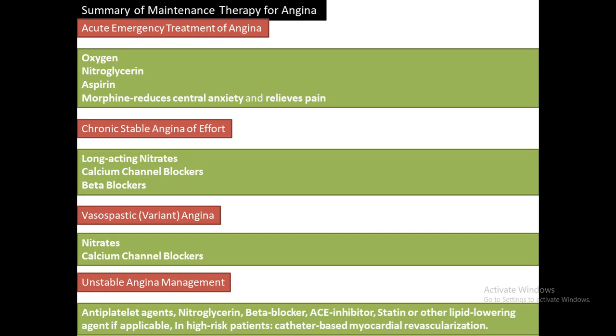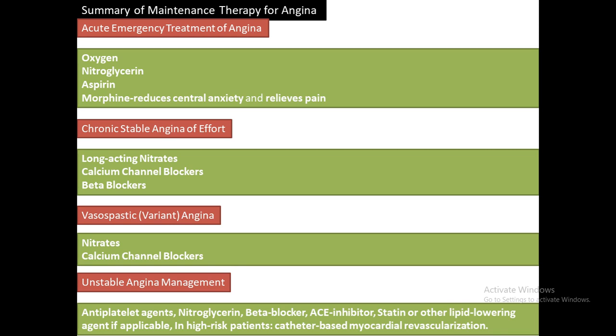And a summary of the maintenance therapy of angina. Acute emergency treatment of the angina, we can use oxygen, nitroglycerin, aspirin and morphine, which will reduce the central anxiety and relieve the pain. In case of chronic stable angina of effort, long acting nitrate, calcium channel blocker and beta blocker are preferred.